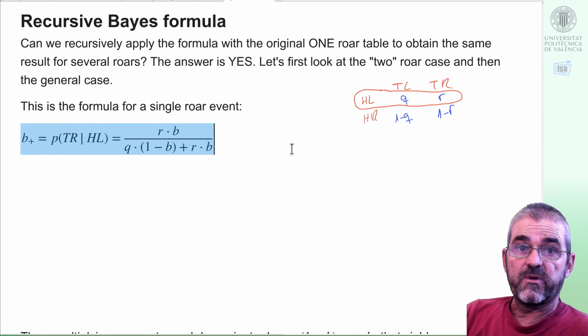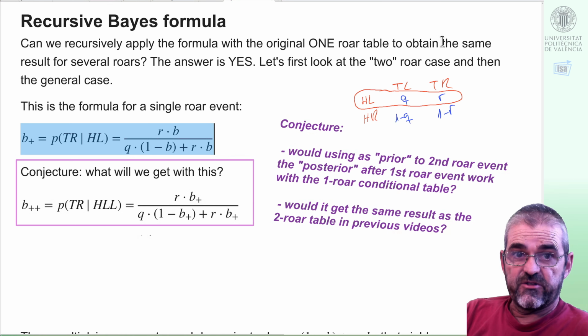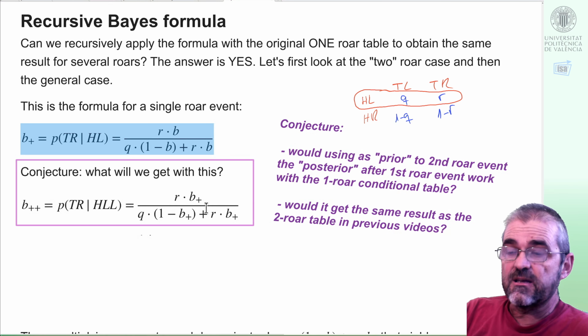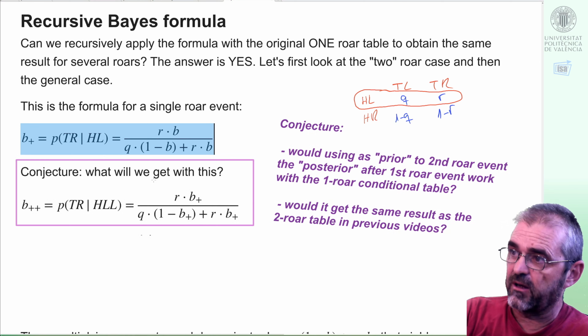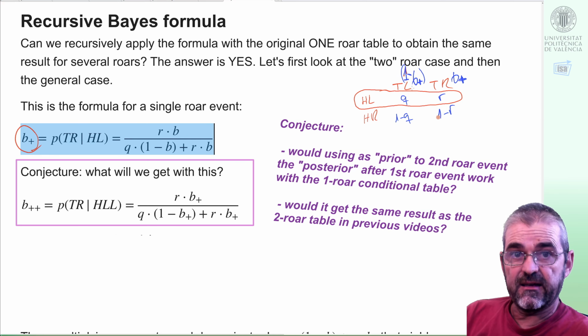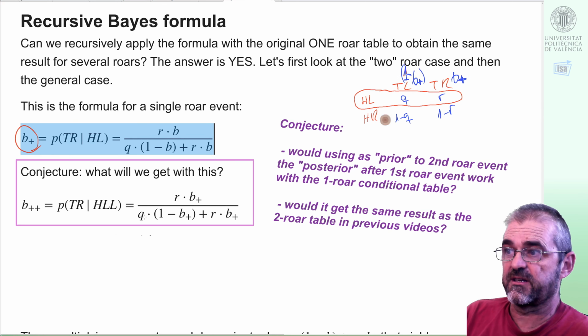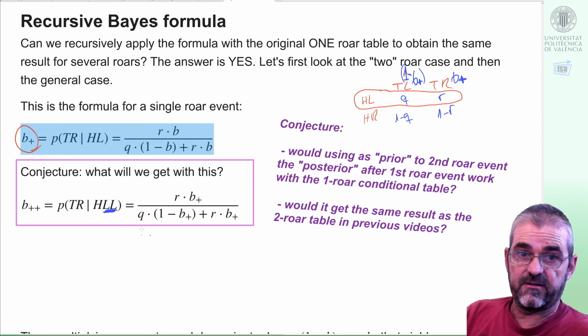And then we can assert the following conjecture. The conjecture is, let us imagine that I plug this b after the first left roar as a prior, and then I apply again this probability table after hearing a second roar that, for instance, maybe is again left, two left roarings in a row.